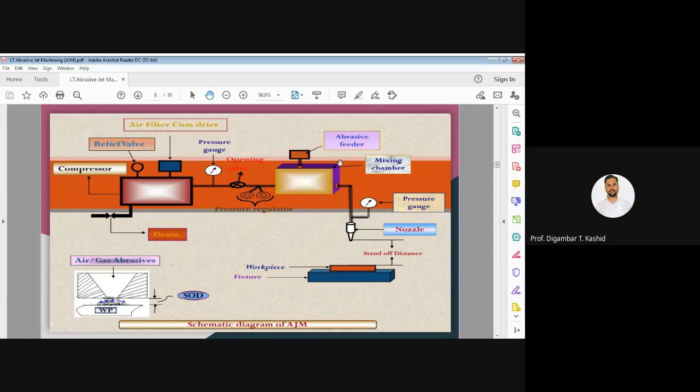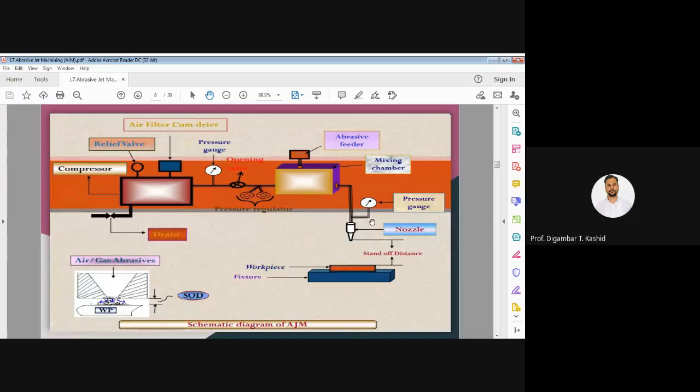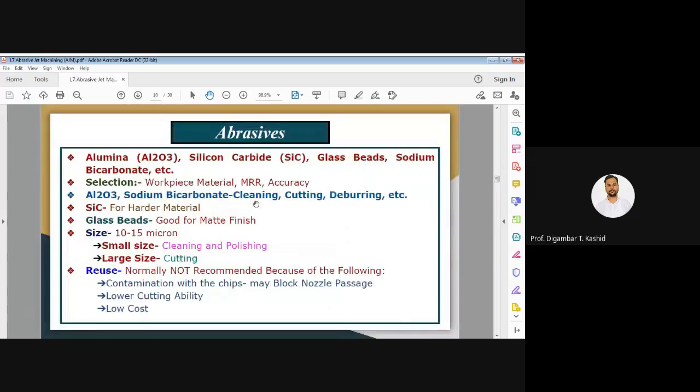Then move to the next element, that is the AJM nozzle, that means this part. The first question that arises is, what is the material of this AJM nozzle? The material for this abrasive jet machine nozzle is normally tungsten carbide or sapphire.